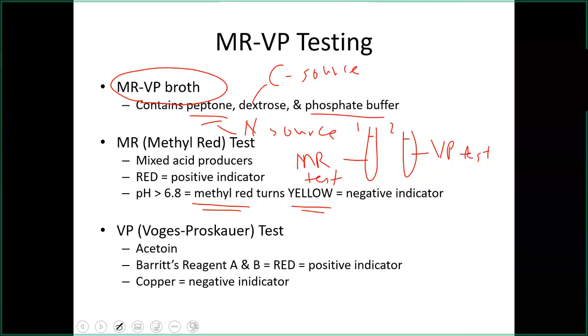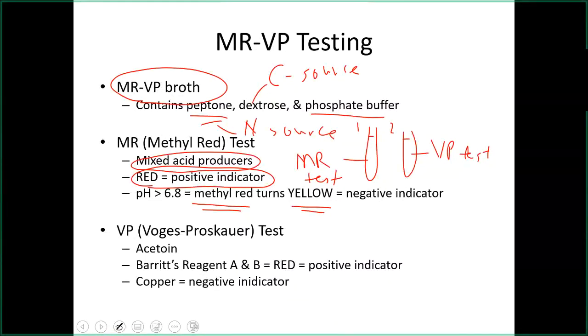So red is indicating a positive test. When you add methyl red, if it stays red, it's positive. It's positive for mixed acid production. So the dextrose was broken down into acidic byproducts, what we'll say, right? So that's a positive methyl red test.